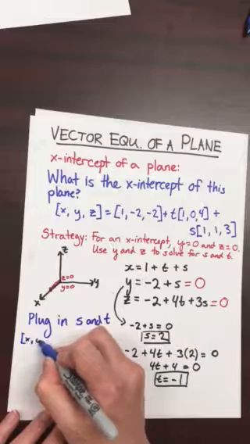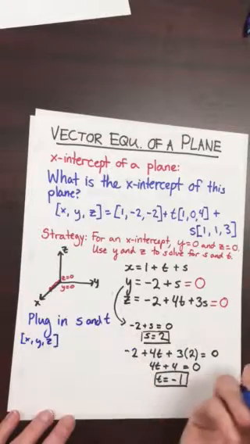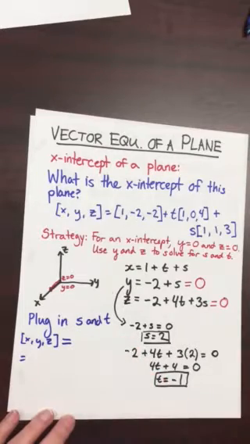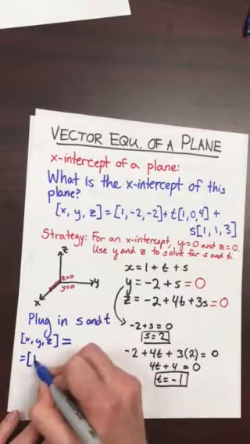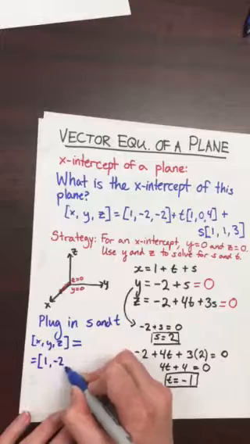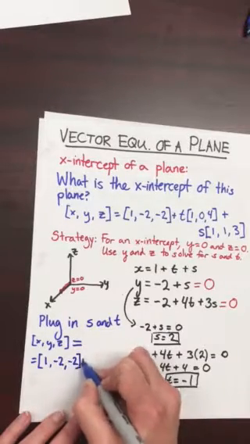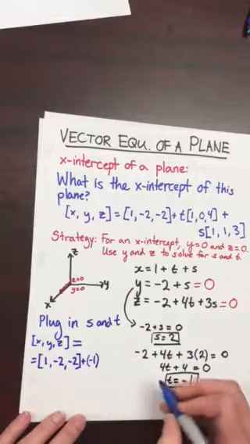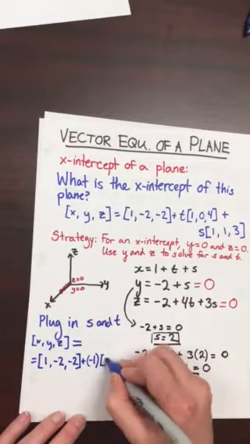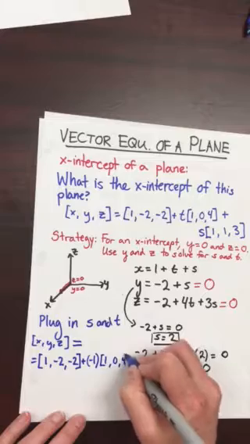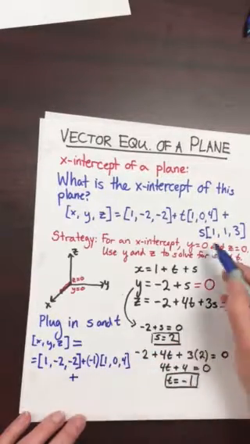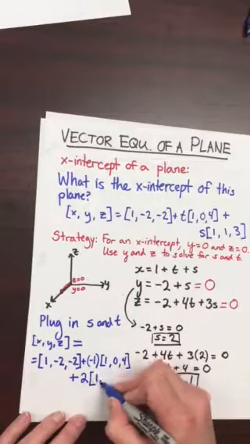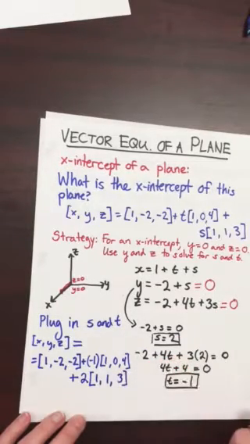We'll have x, y, z, that's our general plane equation, is equal, I'm going to sneak it down to the next line here, to 1, negative 2, plus t is negative 1. So I'm going to toss in that negative 1 for t, times the first vector, 1, 0, 4, plus my s is equal to 2, times my next vector, 1, 1, 3.